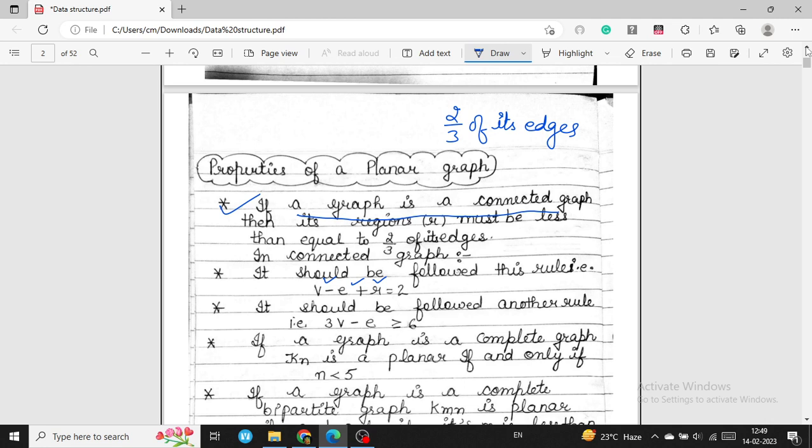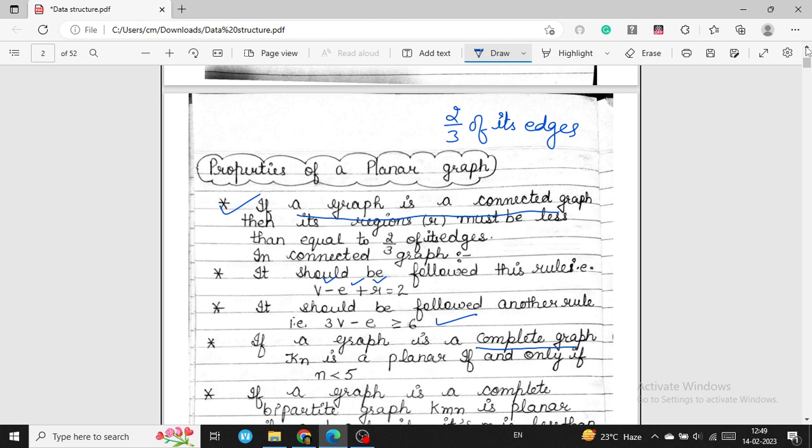It should follow another rule: 3V minus E greater than or equal to 6. You can also follow this rule. If your graph is a complete graph, then you can check whether it is a planar graph or non-planar graph.